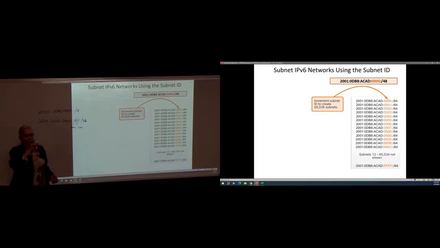Now, Lou earlier asked whether they could ever give us a /70. They might. It's not as common, but they could. If they give us a /70, we'd end up in the 5th hextet, and they might say, subnet in the 5th hextet.